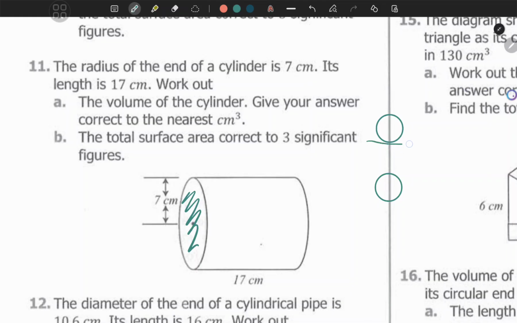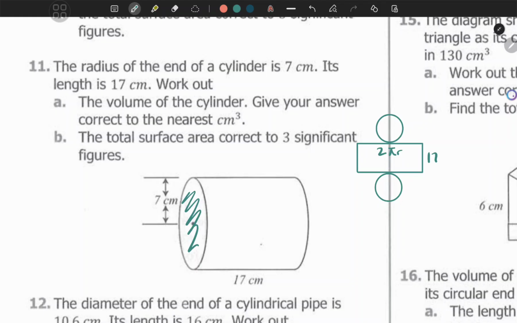And then when we open this up, we get a rectangle in between. Right? And this rectangle, so this side would be L, which is 17, and then we have this length. This length would be equal to 2 pi r.